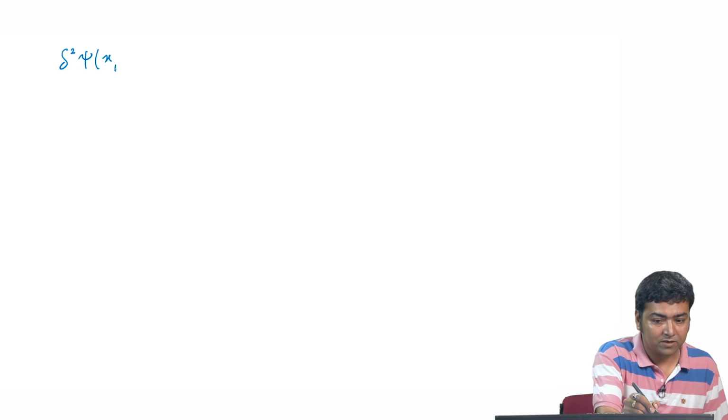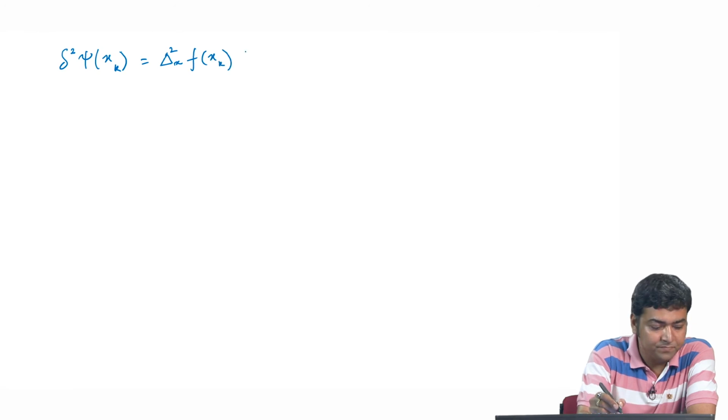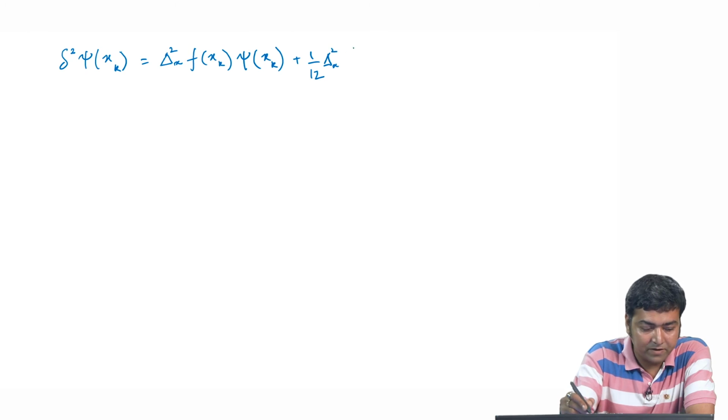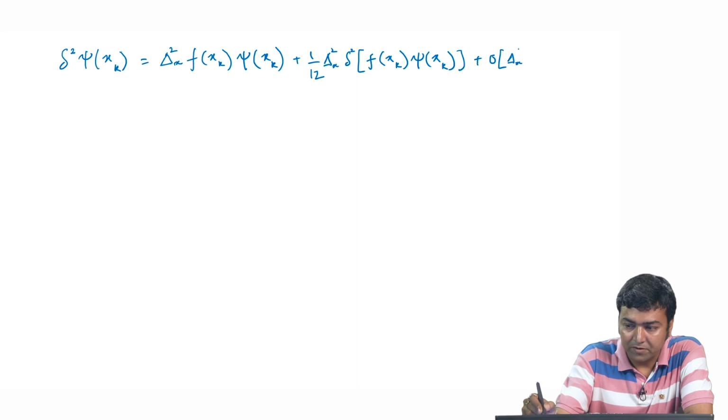So, what we get is the following equation: del 2 psi at x_k equals del x square f at x_k psi x_k plus 1 by 12 del x square del 2 f at x_k psi at x_k plus order del x to the power 6.